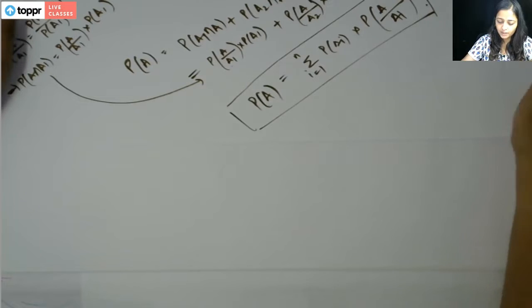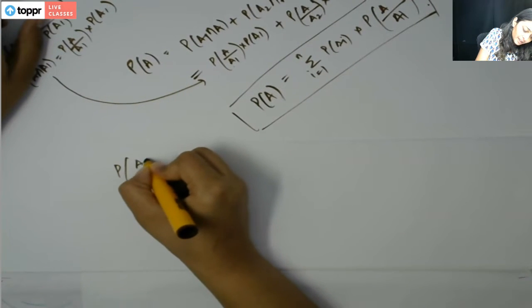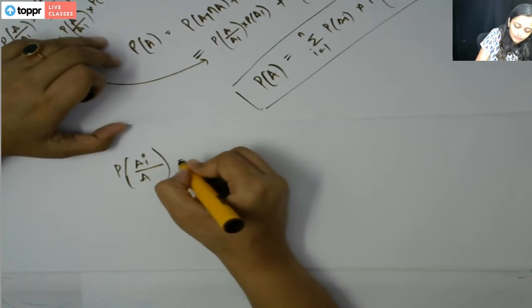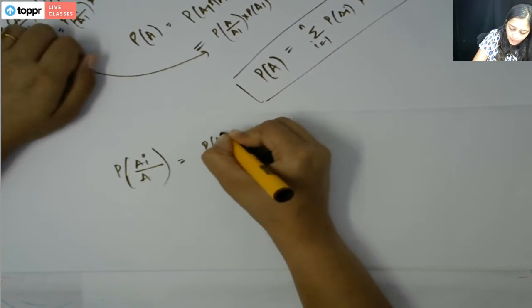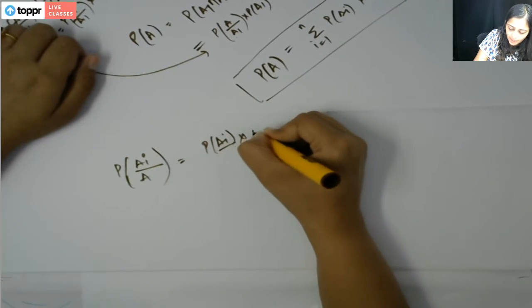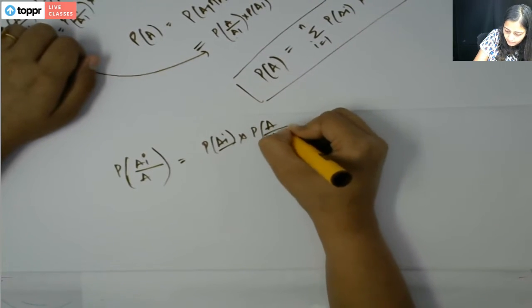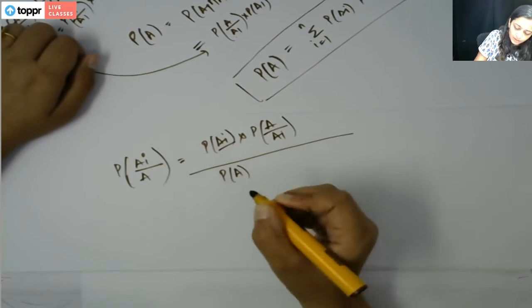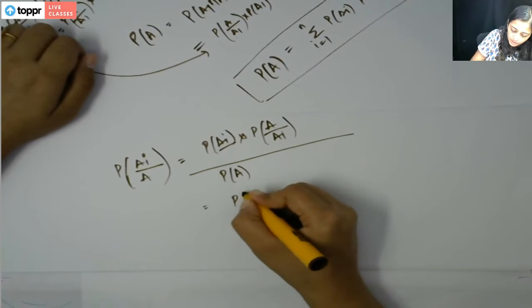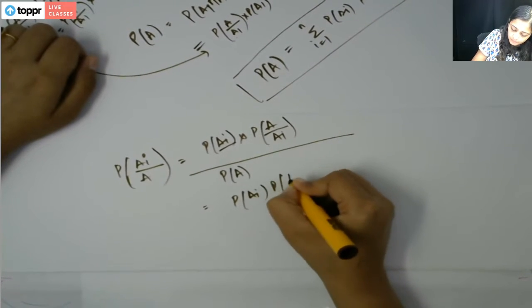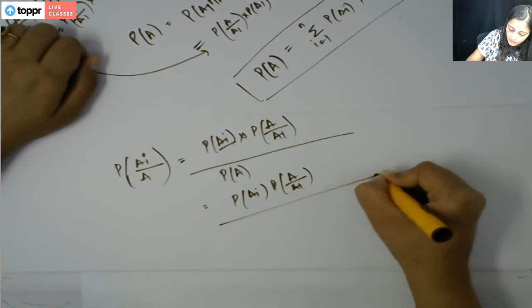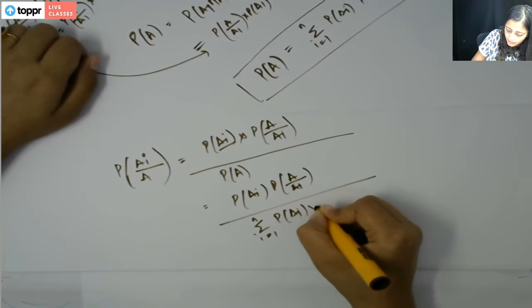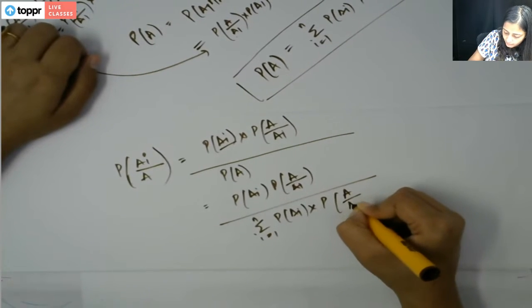Now if you have to find the probability of the event Ai when A has already occurred, then you can find it using the formula P of Ai given A equals P of Ai multiplied by P of A given Ai divided by P of A, and here P of A is the same as the summation from i equal to 1 to n of P of Ai multiplied by P of A given Ai.